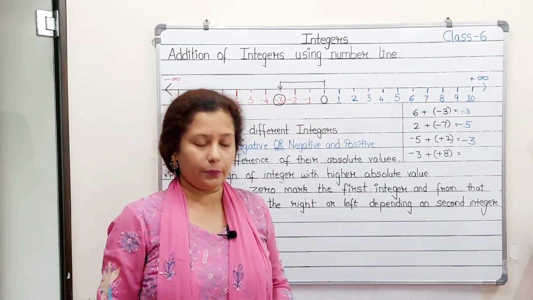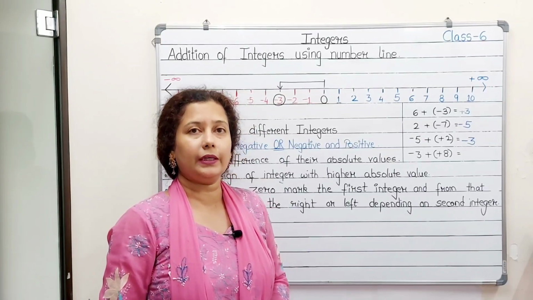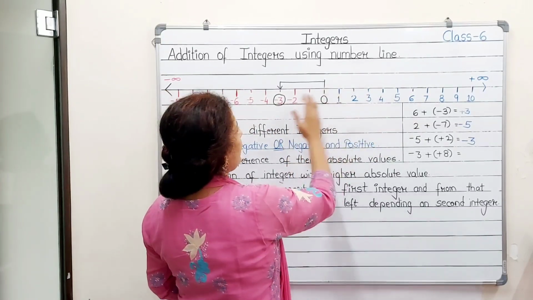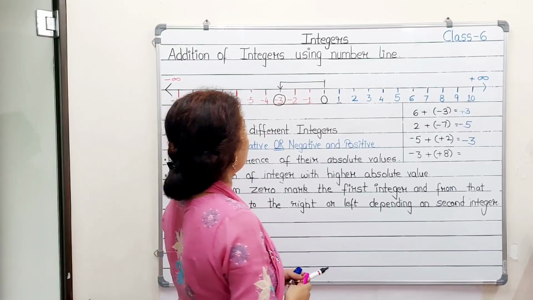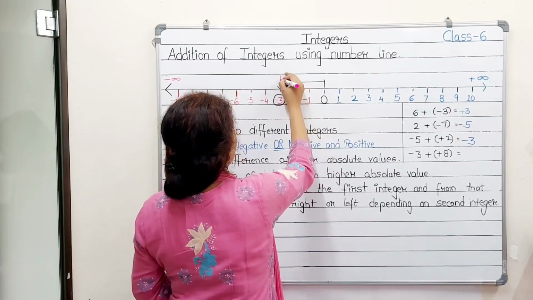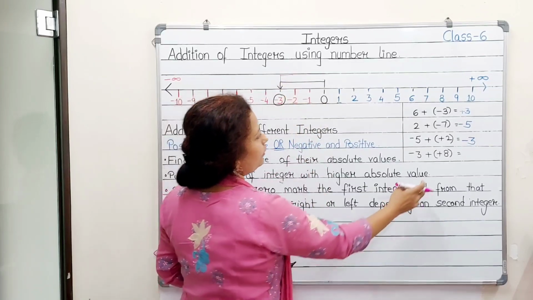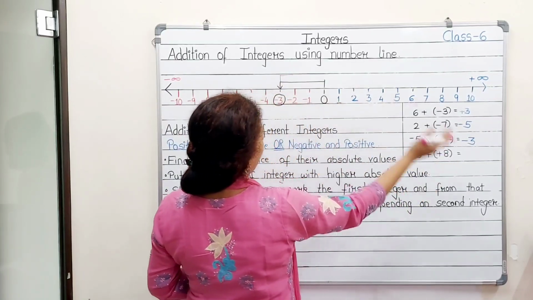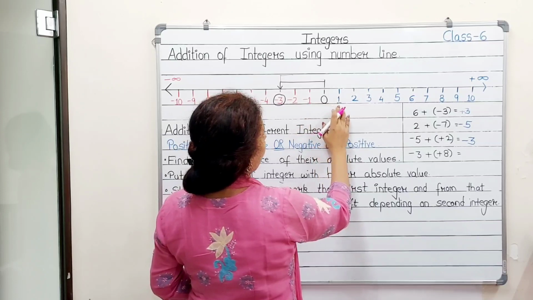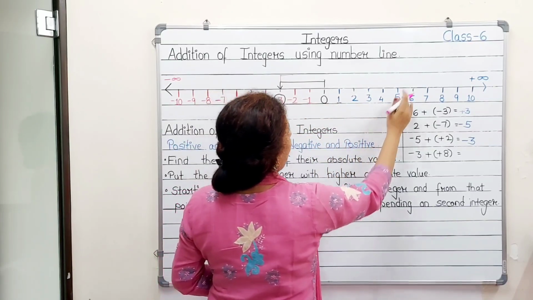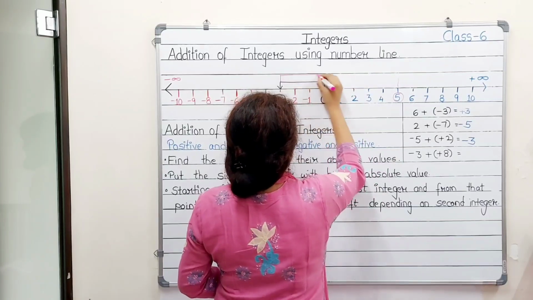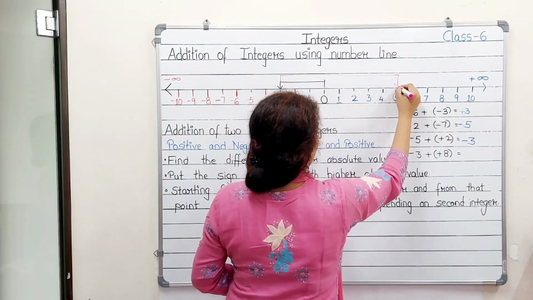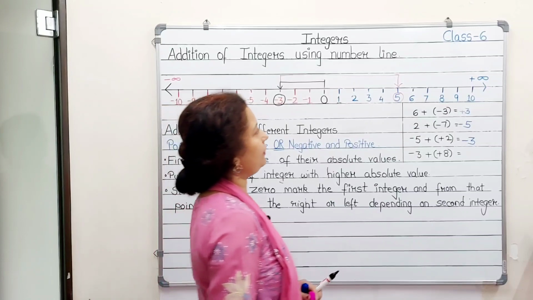The second integer is a positive integer, so here we will move to the right hand side from the first integer which we have marked. From minus 3 we will start and move 8 units to the right hand side. 1, 2, 3, 4, 5, 6, 7, 8. So we will reach 5. We have 8 units. So the answer will be 5.